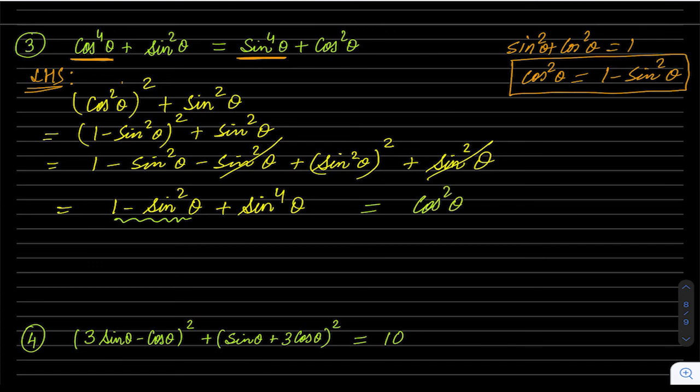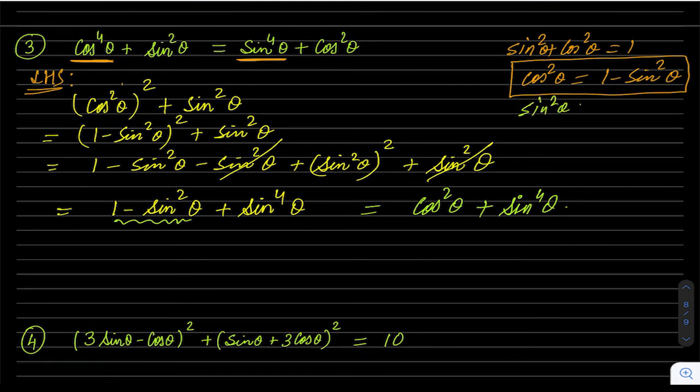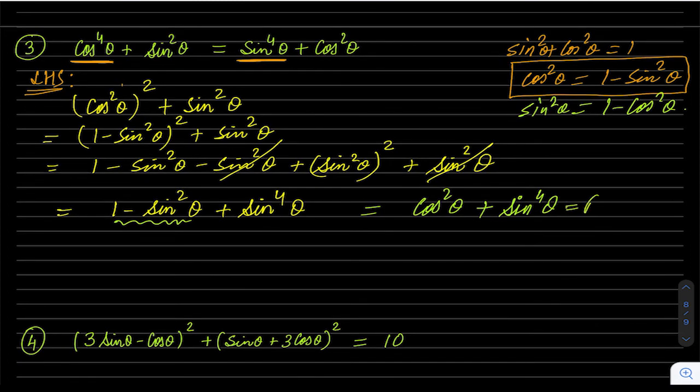If you remember all three identities that we learned in the first case, the question becomes easy to solve. So this will be sine power 4 theta. Basically from here, I can also say sine square theta is 1 minus cos square theta. So this is nothing but RHS, hence proved.